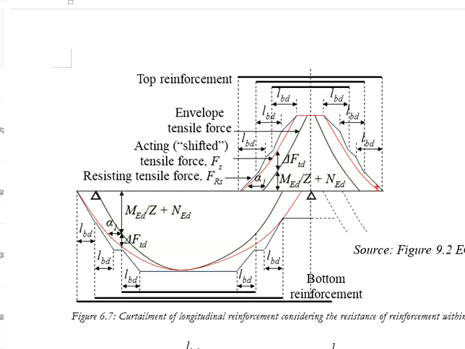You may choose to start at the same point at the tip of this shifted tensile force diagram, or you may try with a slight offset, as long as you ensure the resistance provided is always greater than what is required. Let's say now the gradient here is less than this.